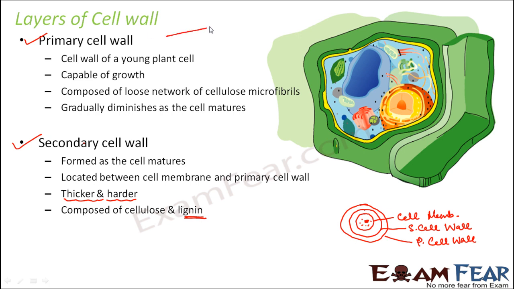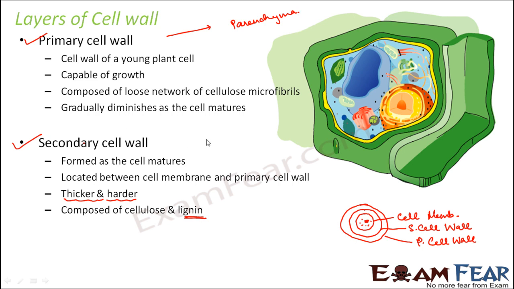So they have primary cell walls. It is not necessary that all cells will have to secrete a secondary wall. The example is a parenchyma cell. Even when the cell becomes mature, it does not secrete a secondary cell wall. So they live with a primary cell wall throughout their life.